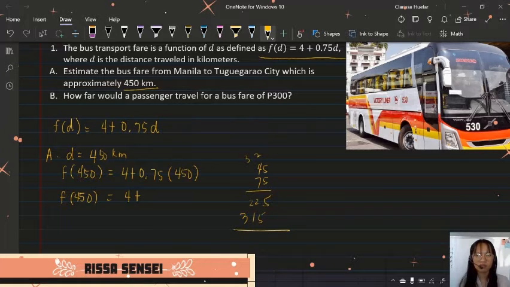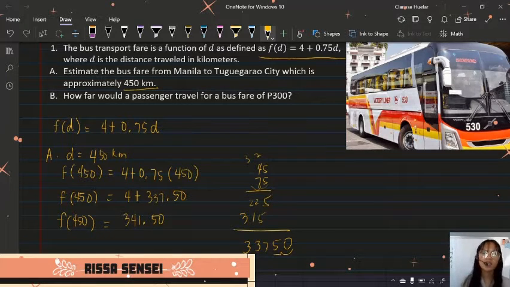Meron tayong 5, 7, 3, 3, 0, kasi 450, tapos 0.75, kaya 2 decimal places, so 337.50. Okay, then let's add 4 plus 337.50 equals, add lang natin, so it's 341.50.